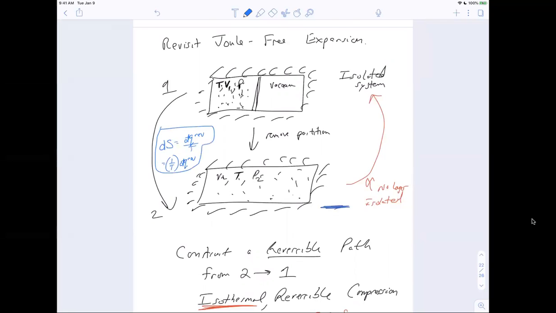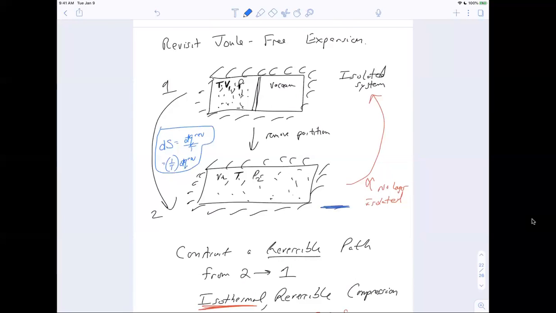Because in all of the cases we encounter where you have to compute delta S through this differential form, it boils down to finding what dq reversible is. And dq reversible is determined through application of the first law.